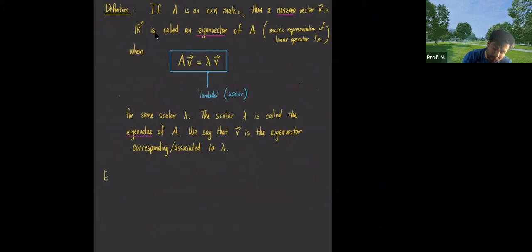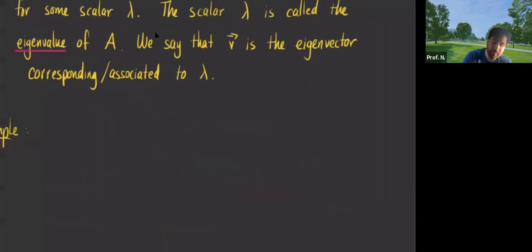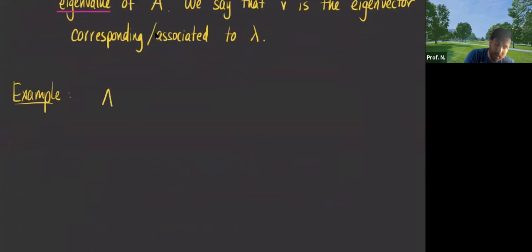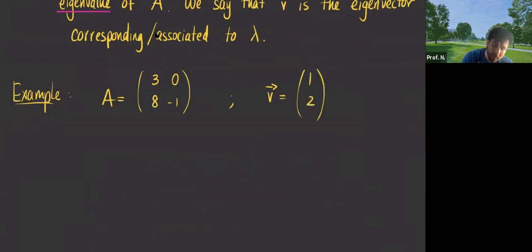Okay, so an example. Suppose we have a 2 by 2 matrix, 3, 0, 8, -1, and then I have a vector, 1, 2. What happens when I multiply A times V?